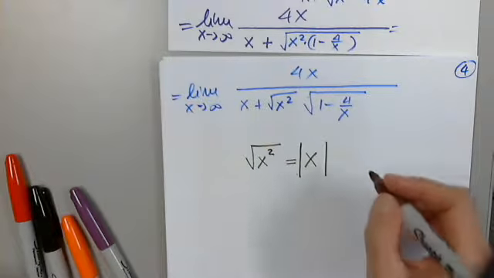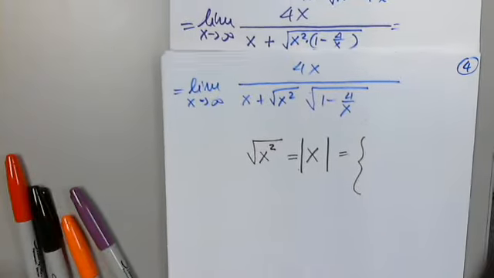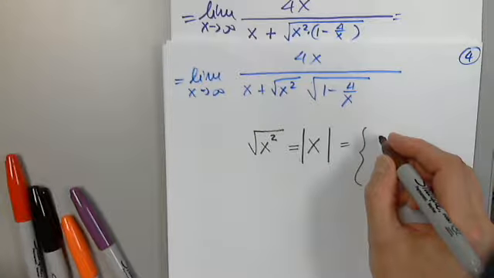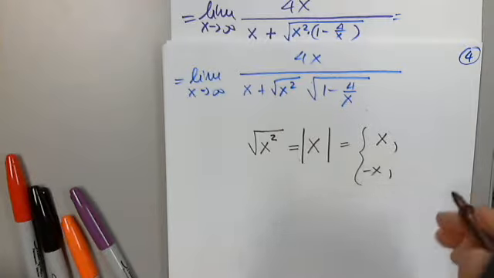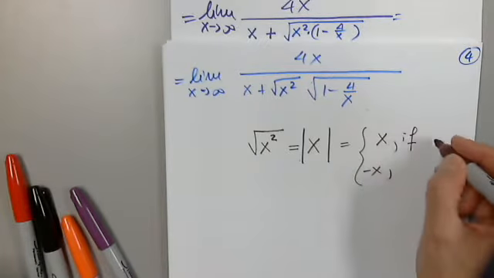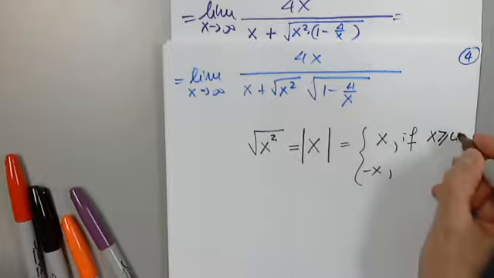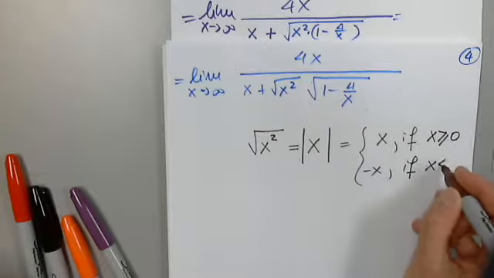Now this is true. What do we know about the absolute value? From last time and from before, we know that the absolute value of x is either x or negative x. It's x if x is greater than or equal to 0, and it's negative x if x is less than 0. Very good.